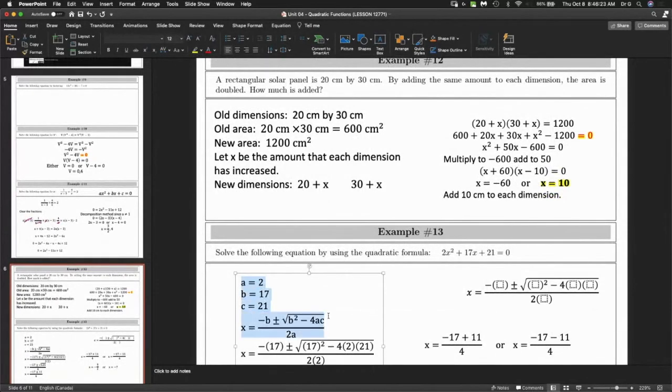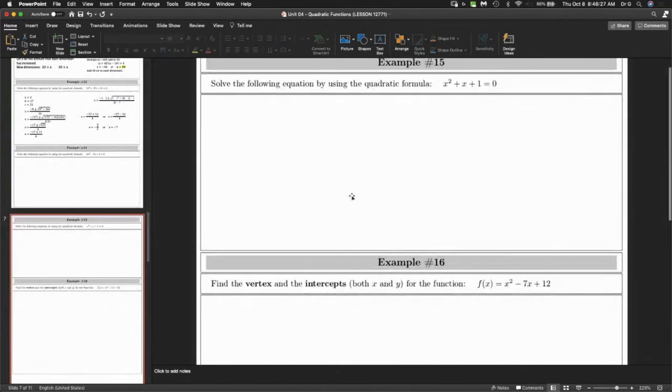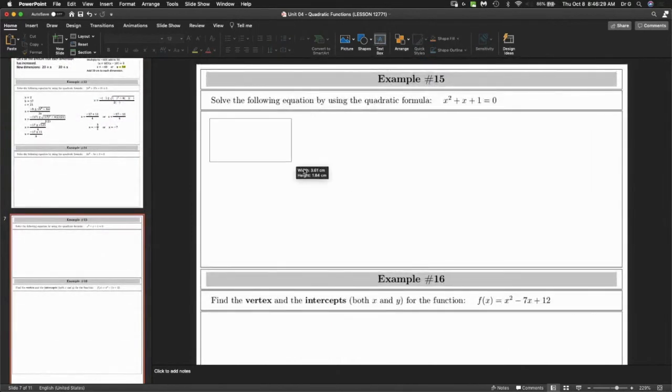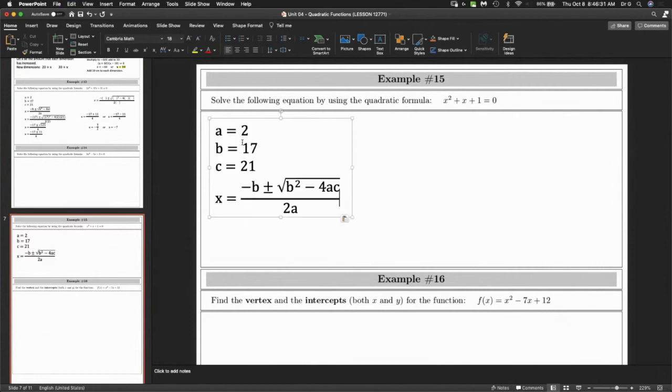Yeah, you can't take negative roots. That is, you're right on point, Graham. So if we go to this question here, A is 1, B is 1, and C is 1.